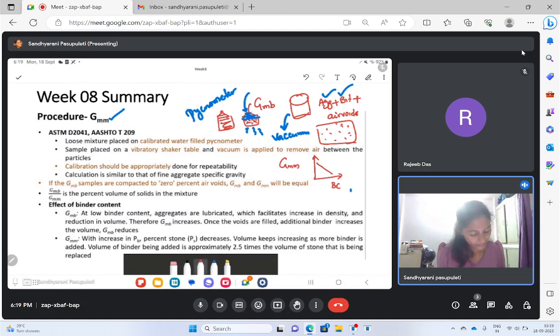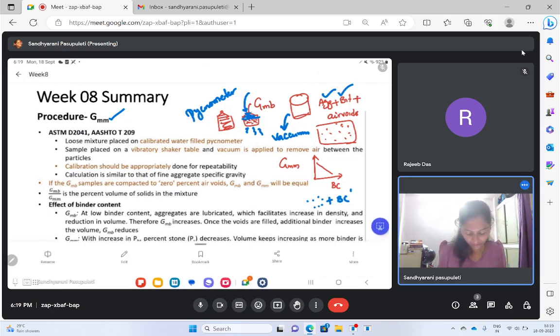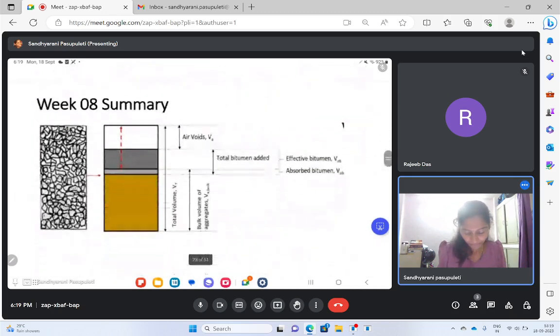If you take the initially loose aggregate particles and add some bitumen, they compact better, and in the same way as you keep increasing this bituminous content, the volume keeps increasing. Whenever the volume keeps increasing, the percentage of stone aggregates gets reduced but the volume is increasing. So when the volume keeps increasing, the specific gravity value will be reducing. So these are the two trends of GMB and GMM.